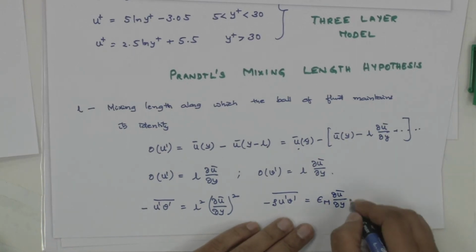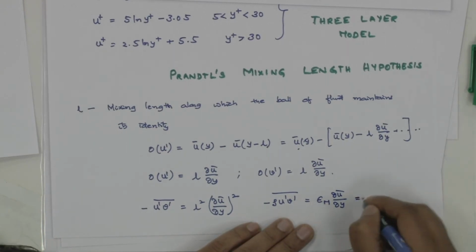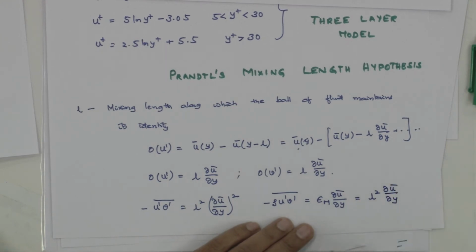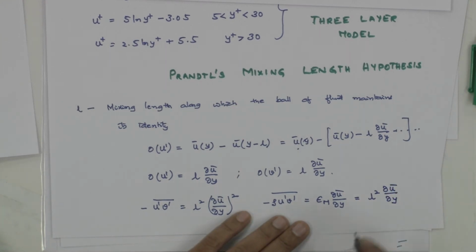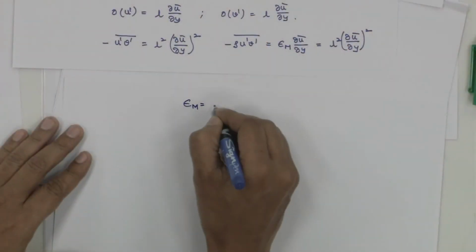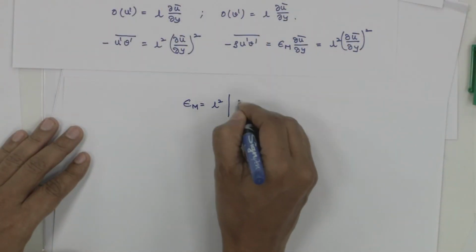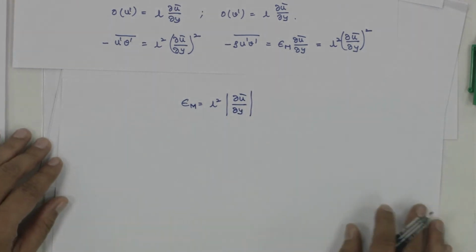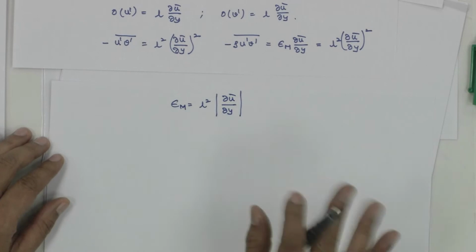So this should be equal to L squared del u bar by del y whole squared. Correct? So you get the value of epsilon m equal to L squared mod of del u bar by del y. I have taken the mod because negative signs and all are taken care of.